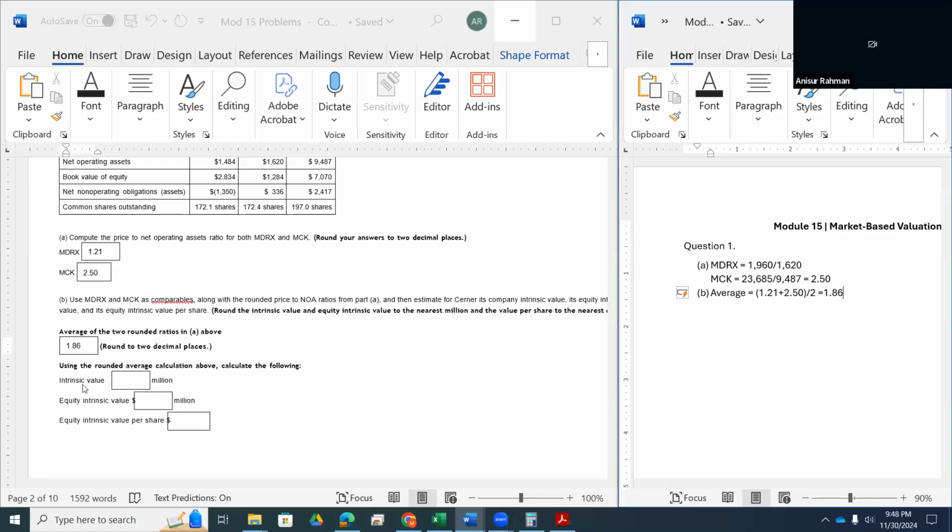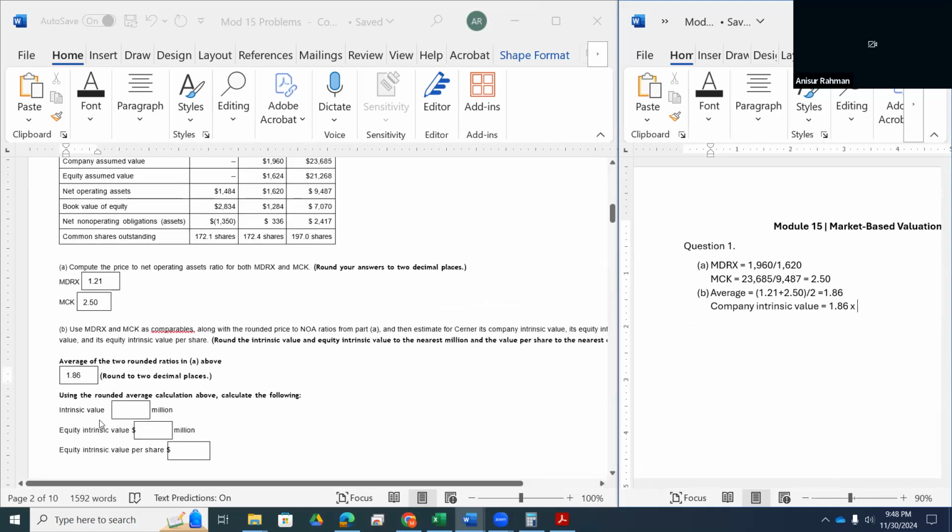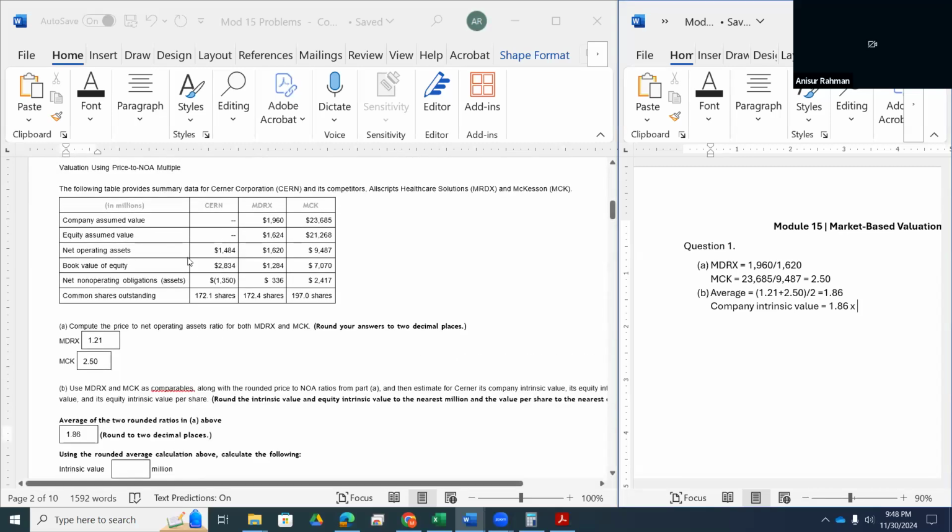So company intrinsic value is, you take this average number and multiply by net operating assets of our company, meaning the one for which we are calculating these values, which is Cerner. So Cerner's net operating assets is 1,484 million.